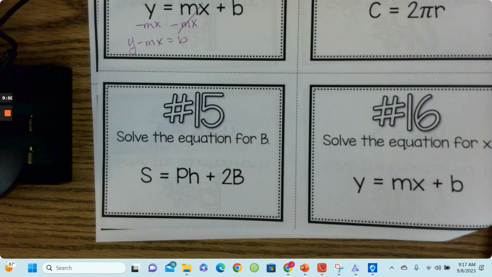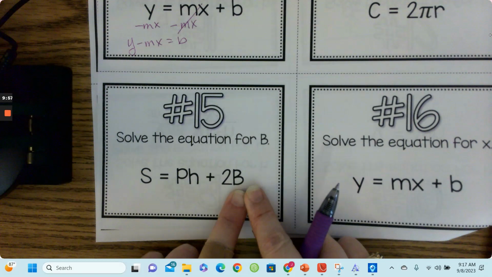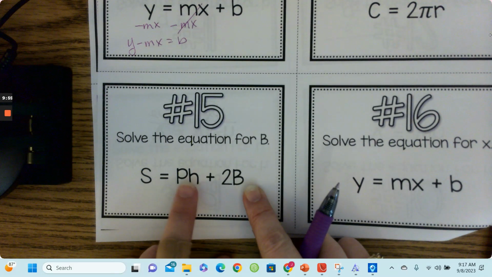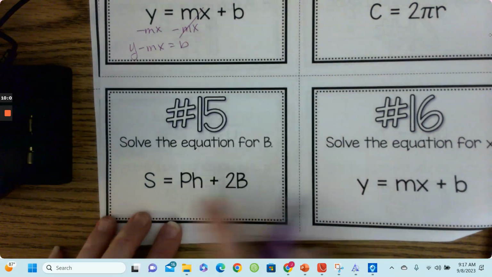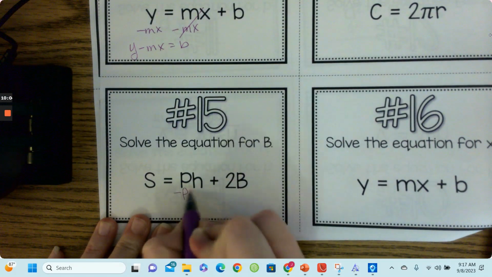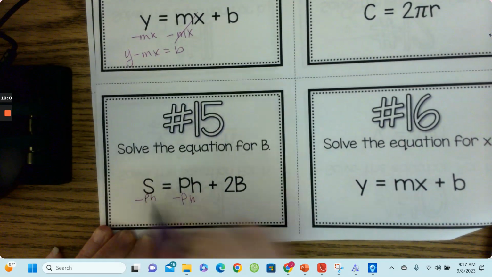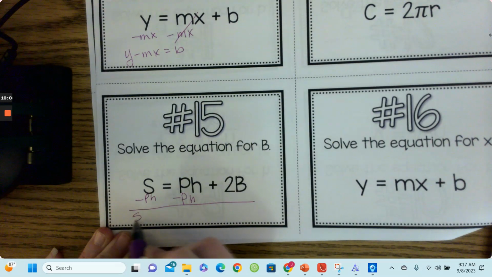So 15, S equals PH plus 2B. We're solving for B. So now we're getting into two-step. We want to move this first. This is being added, or this is positive, so we would subtract pH from both sides.